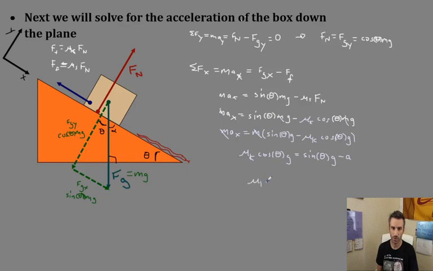So that means that mu k is equal to sine theta g minus a, all over cosine theta g. And that would give you the coefficient of kinetic friction. That's a k. That's a k.